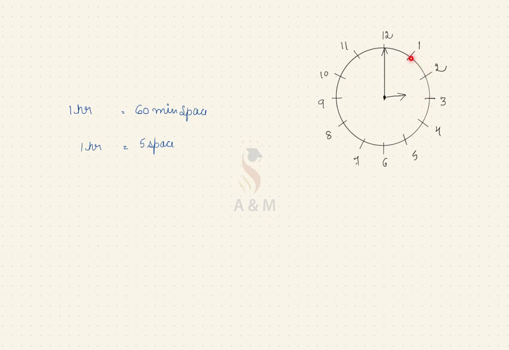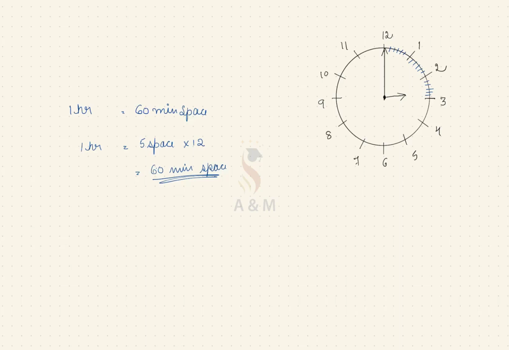Okay. This is nothing but 1 hour. Correct? That means between these two there are 5 spaces. Okay. Between each hour there are 5 spaces. Clear? So 5 spaces into 12 is nothing but 60 minute space.